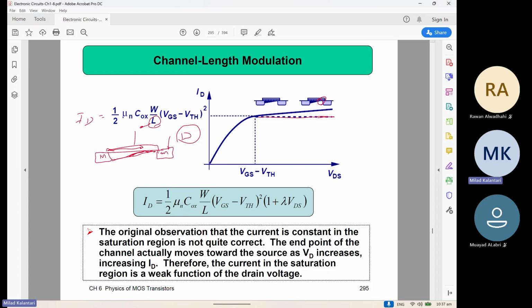To model it with equations, we are not going to change L, but we show it with another factor indicating that the current depends on VDS. We define a parameter, lambda, to show how much this VDS variation matters.